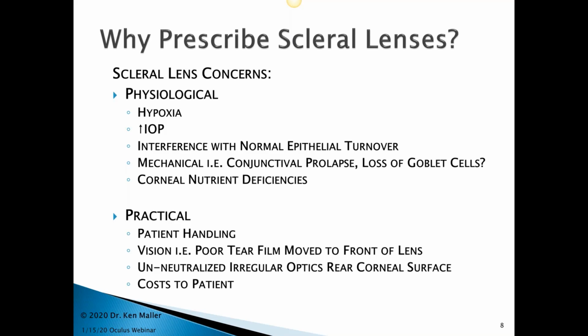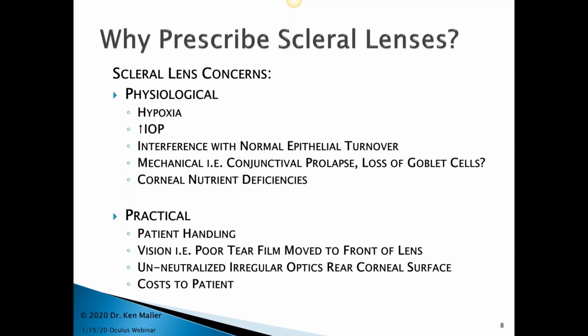It does interfere with the normal epithelial turnover, and as a result, many scleral lens fitters had noticed over the years this almost boggy epithelium, and in fact what it seems to be is that the epithelium that was supposed to be sloughed off just doesn't slough off as it's supposed to. Whether or not that's a concern other than it doesn't look very good at the slit lamp remains to be seen, so we don't really know about that.